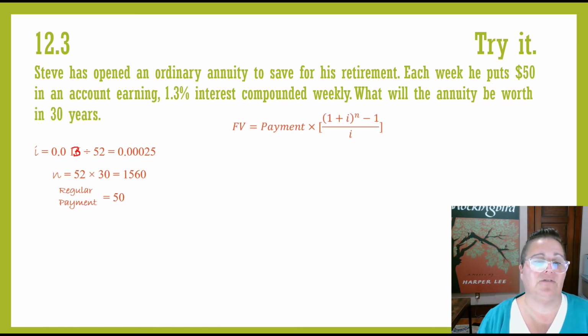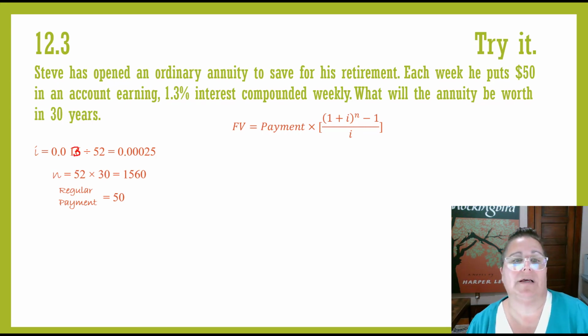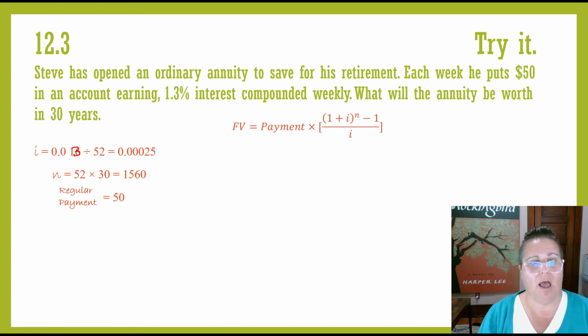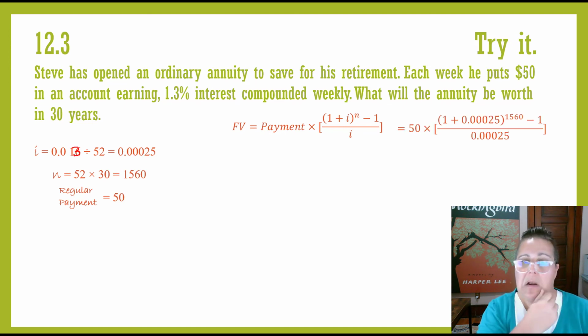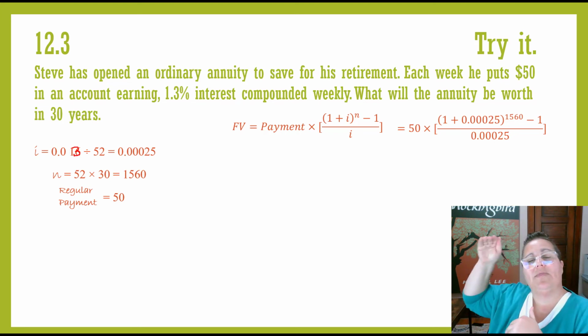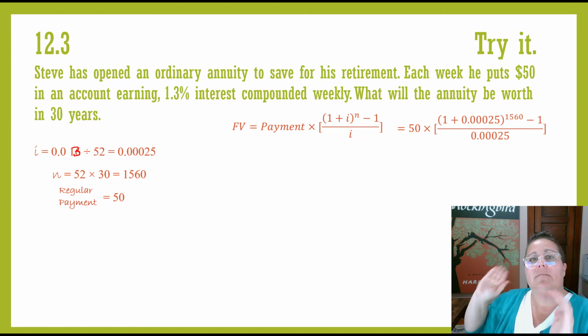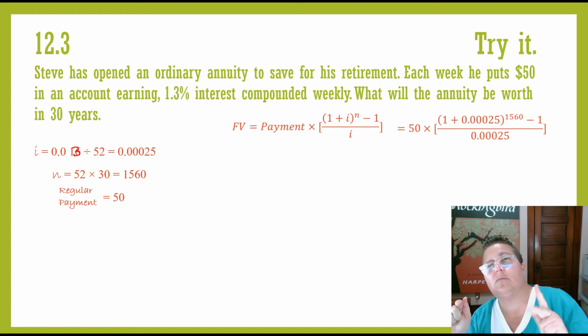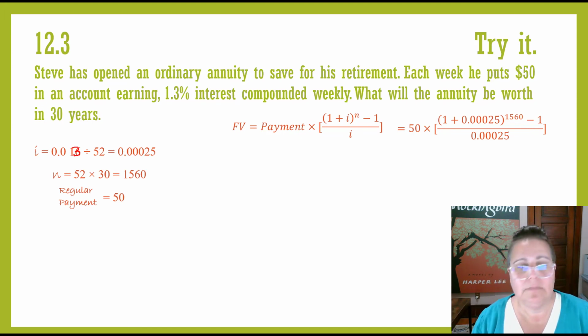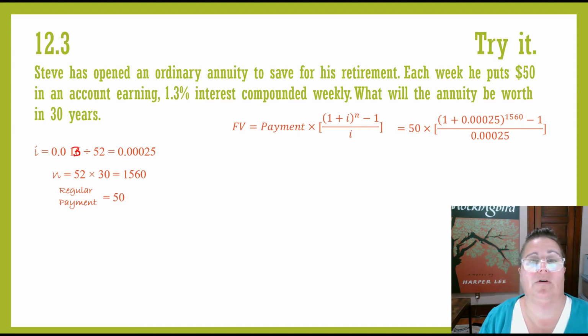So we're going to take the future value formula for an ordinary annuity, which is the payment times square brackets 1 plus I to the n, minus 1, over I. Substituting in what we know, the I, the n, and the $50 payment, we have 50 times 1 plus 0.00025 to the 1,560th power, minus 1, divided by 0.00025.